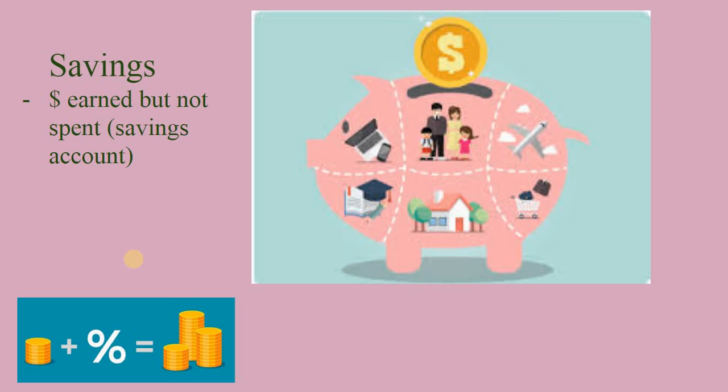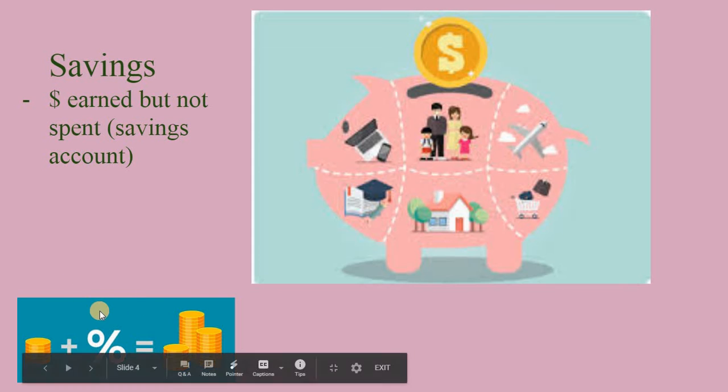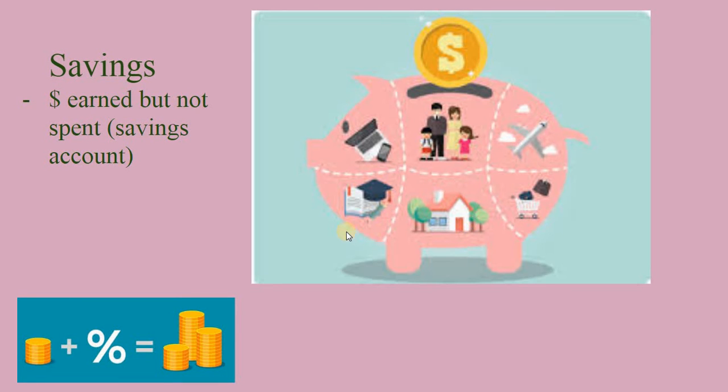I know it doesn't sound fair, but the bank is not going to be able to stay open for too long if they pay out in interest in savings the same amount or greater than what you pay them when you get a loan. So the interest you pay when you get a loan for a house or a car or for college or for a trip or anything that you want to buy on credit, the interest is pretty high for the bank.